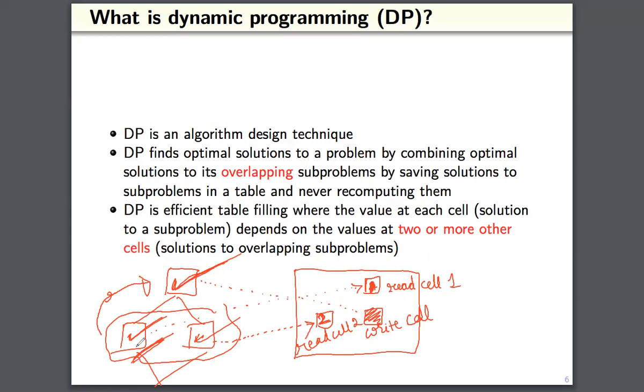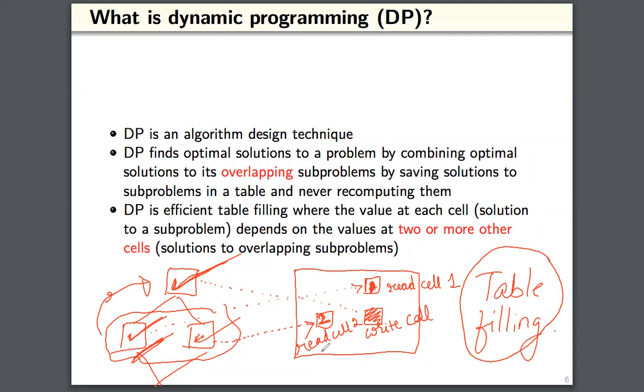And these subproblems, we said they are just cells in a DP table. So how a cell is written using other cells in the same DP table. So DP, you can consider, is all about table filling. That's it. You just need to think about how to fill a table. That's your DP.